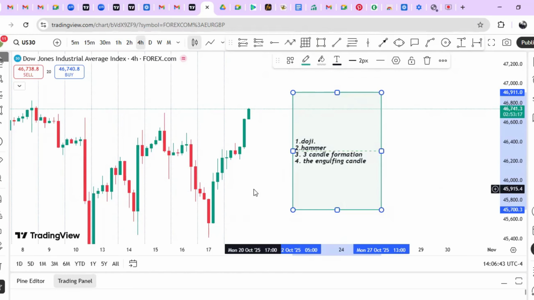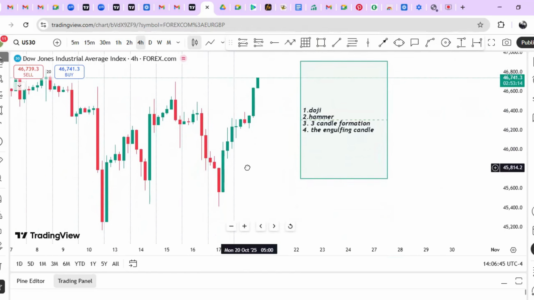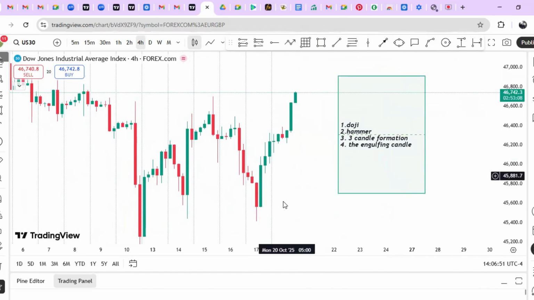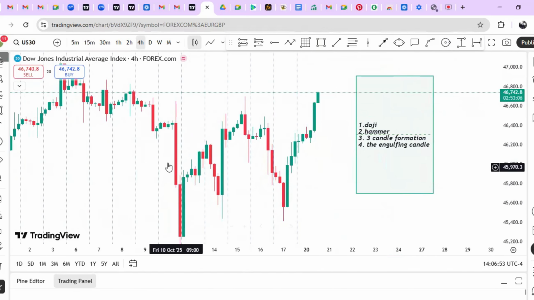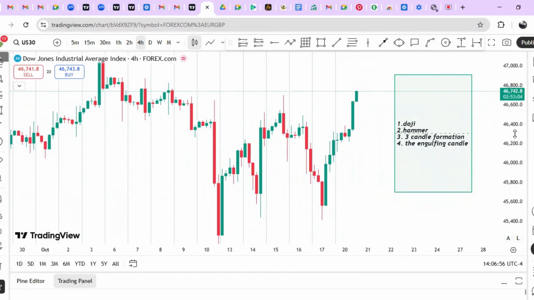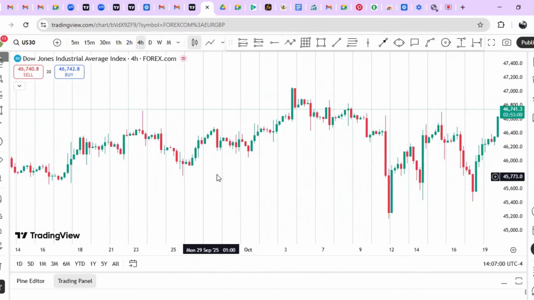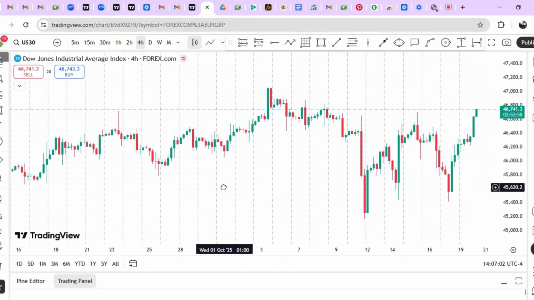Once you see those candles, you anticipate that the trend might reverse soon. Then once you see an engulfing candle, you know the trend reversal is confirmed. So let's point out a few of the candles we can see here. Then next videos will continue.